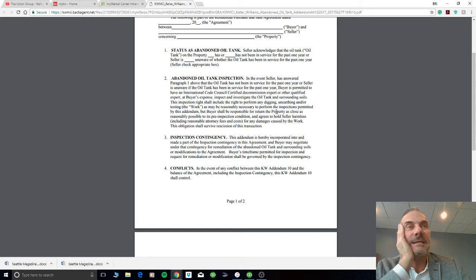This is saying the seller is allowing you to hire a company like Philco to come on property and investigate the land. They're going to go around with their detector to find out where that oil tank is, if there is one, and if there is, they're going to dig down to it, and identify if it's been decommissioned or not. Because the last thing you want to do is let your client buy a house with an abandoned oil tank that could have oil sitting in it.